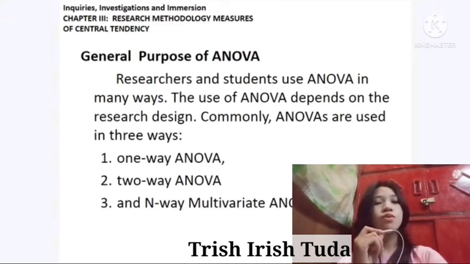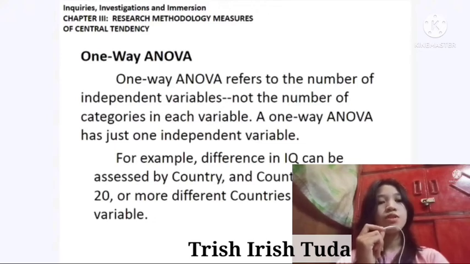We have three known types of ANOVA test. First is the one-way ANOVA, which refers to the number of independent variables, not the number of categories in each variable. To carry out the one-way ANOVA, you should necessarily have only one independent variable with at least 2 levels.